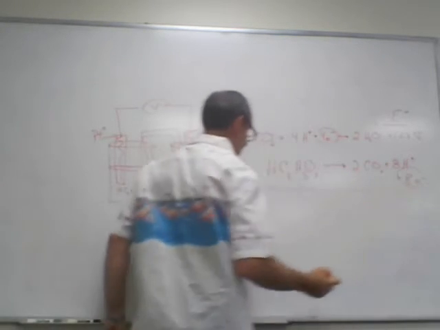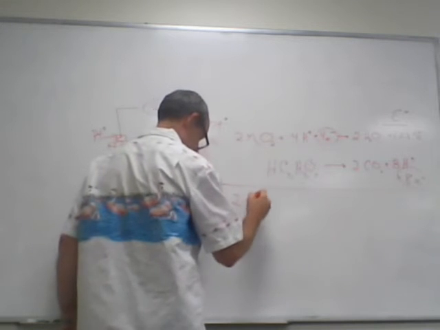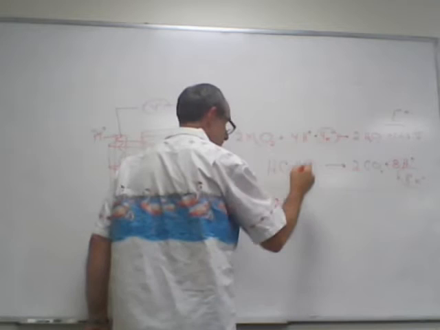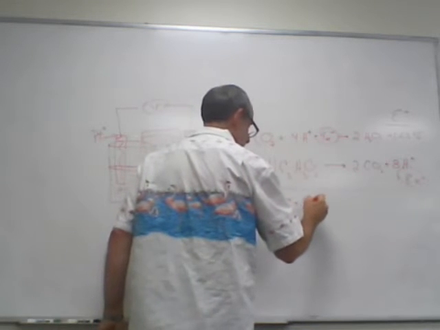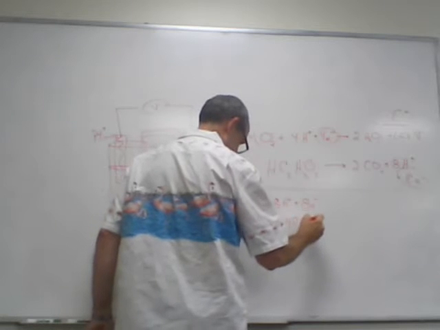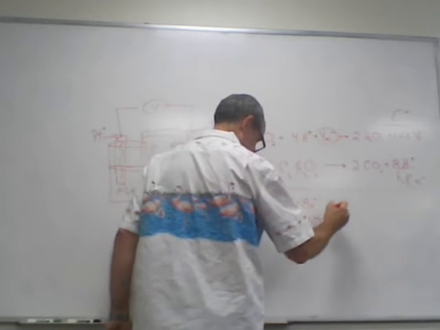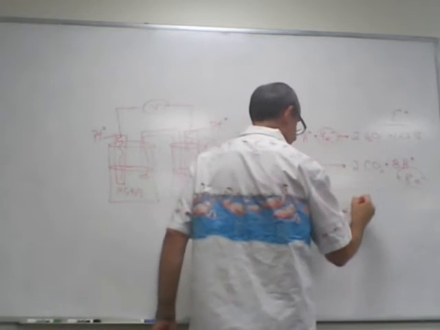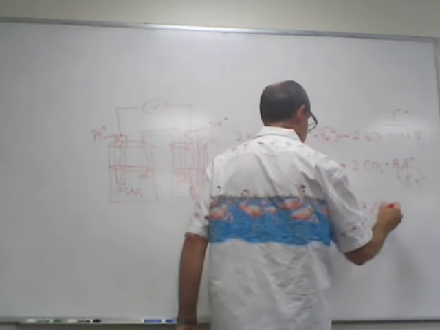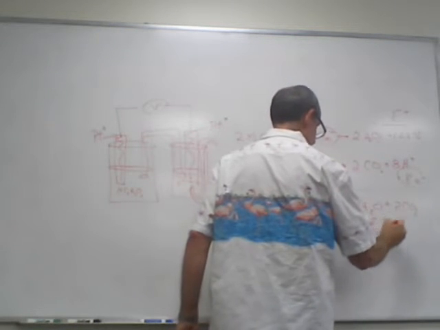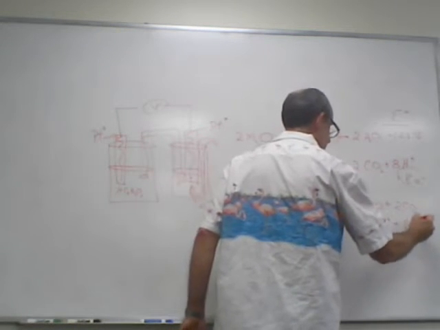And what we will get is 2 O2 plus 8H plus 8 electrons plus an ethanoic acid molecule going to 2 times 2, would be 4 H2O plus 2 CO2 plus 8H plus 8 electrons.